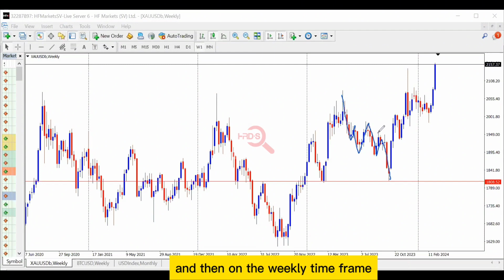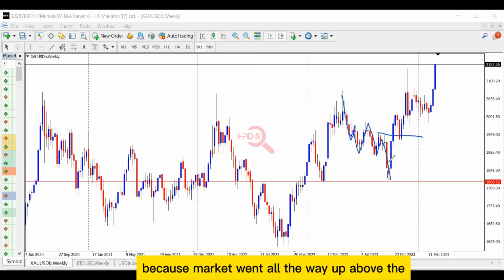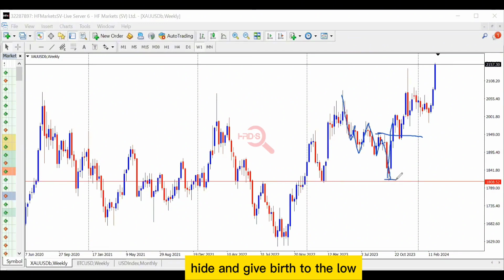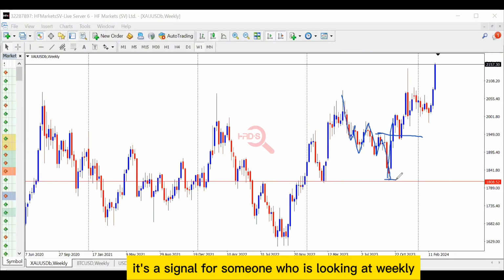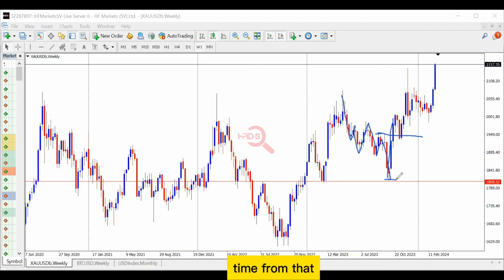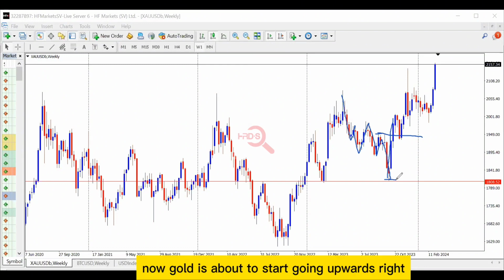And then on the weekly time frame, someone who is trading weekly time frame, this is where you got a change of character, because market went all the way up above the high that gave birth to the low. So it's a signal for someone who is looking at weekly time frame that now gold is about to start going upwards.